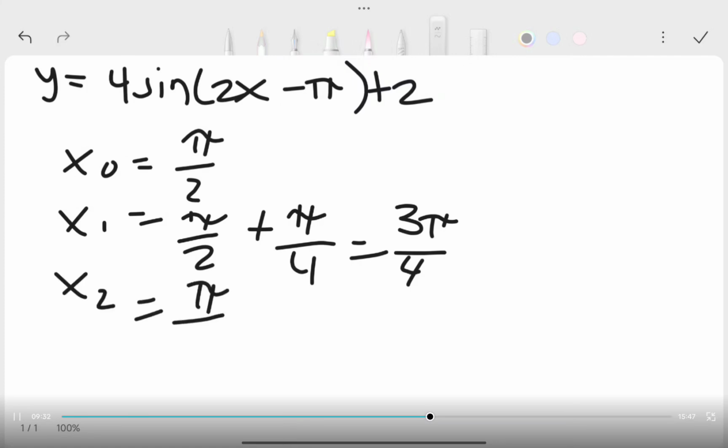So next is x sub 2, which is equal to pi over 2 plus pi over 2, which is equal to pi.